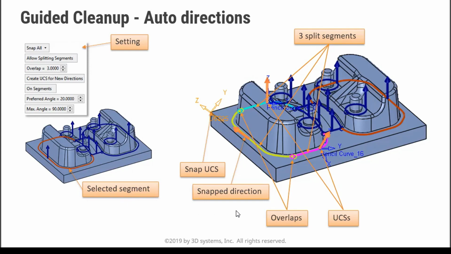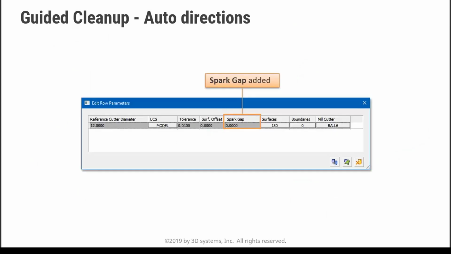As you can see in the image to the right, the selected segment is now split into 3 segments with different directions. Between the new segments, a 3 mm overlap was created. 2 new UCSs were created on the segments, and 1 was snapped to an existing UCS.